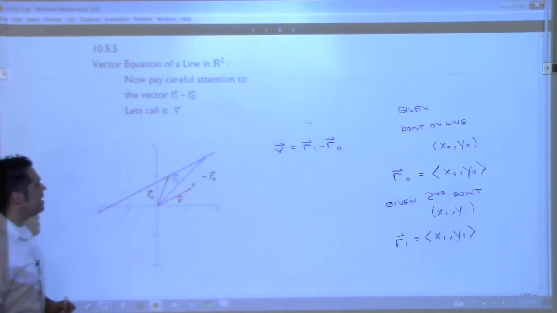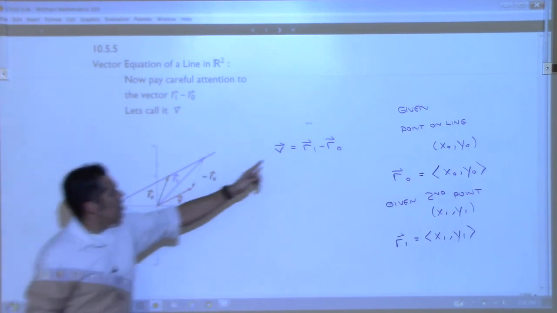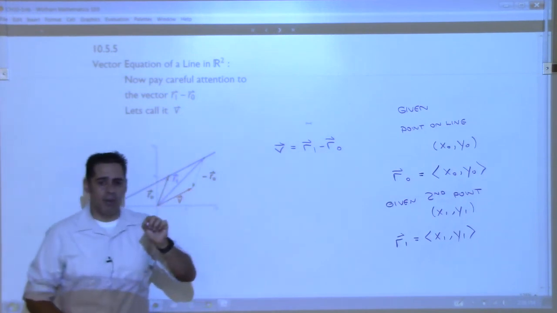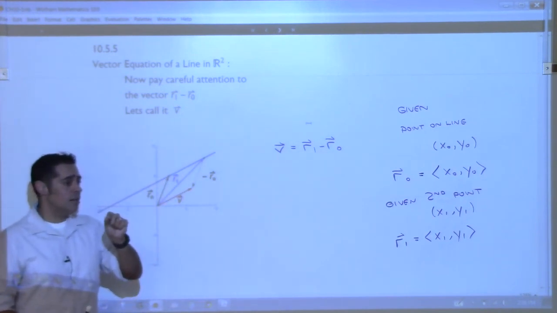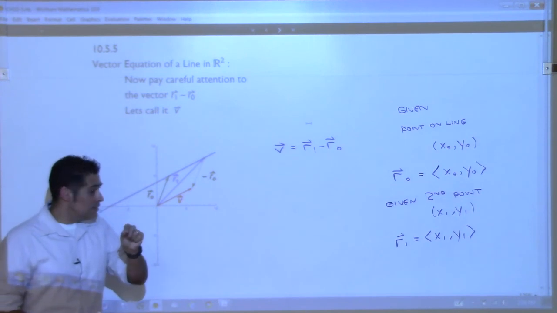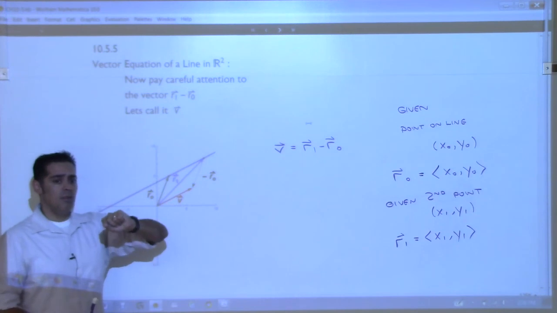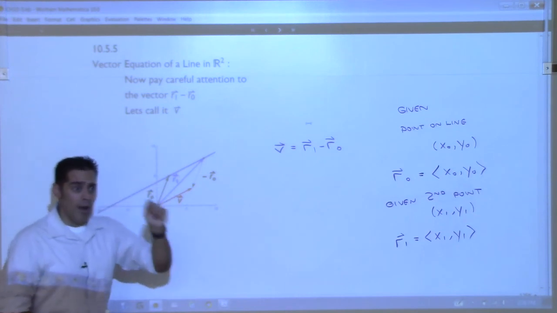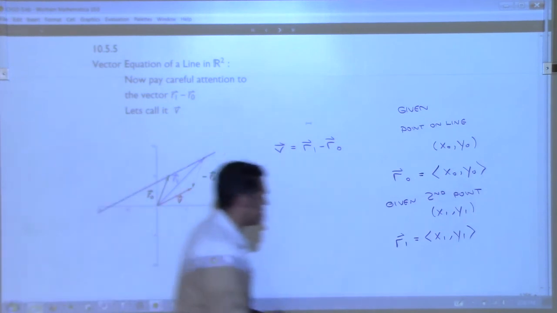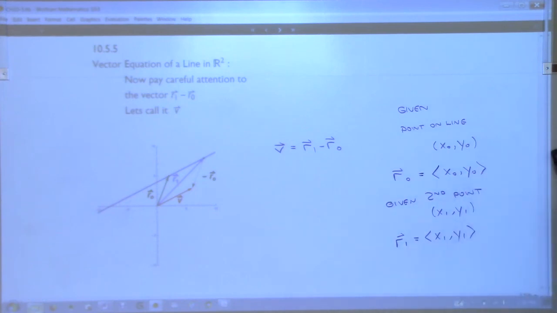At the end of the day, I said that r1 minus r naught is a vector that goes from the tip of r naught to the tip of r1, right?